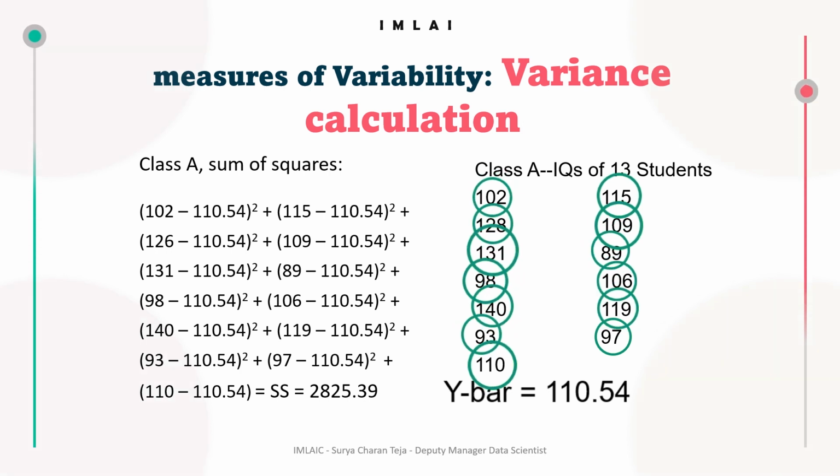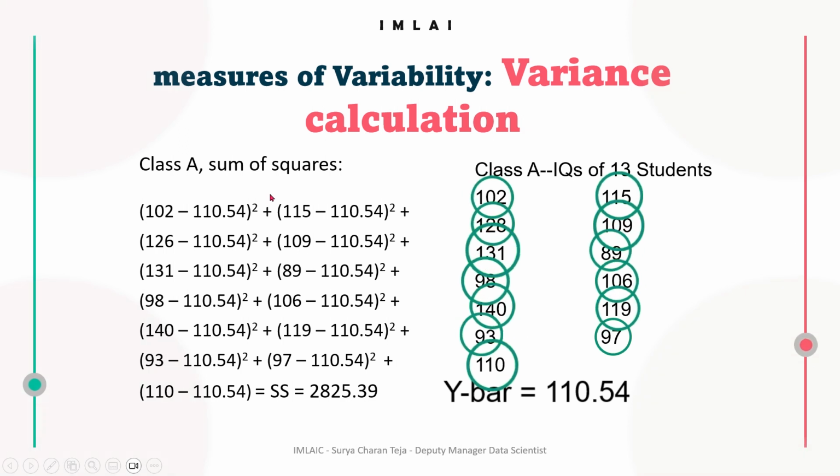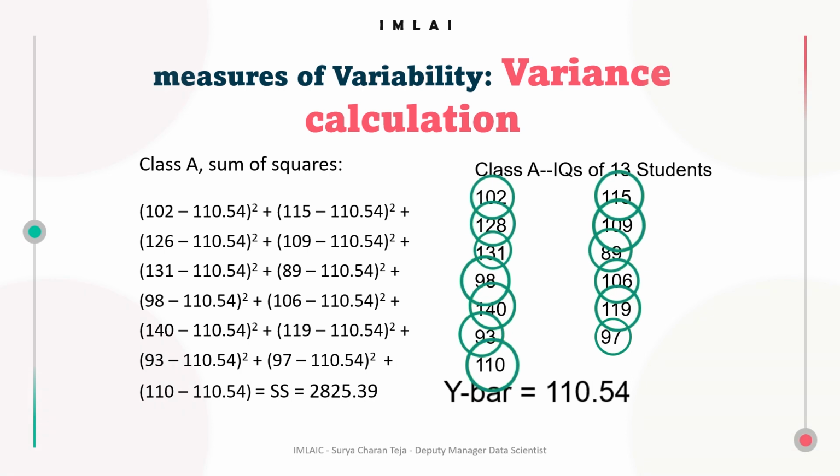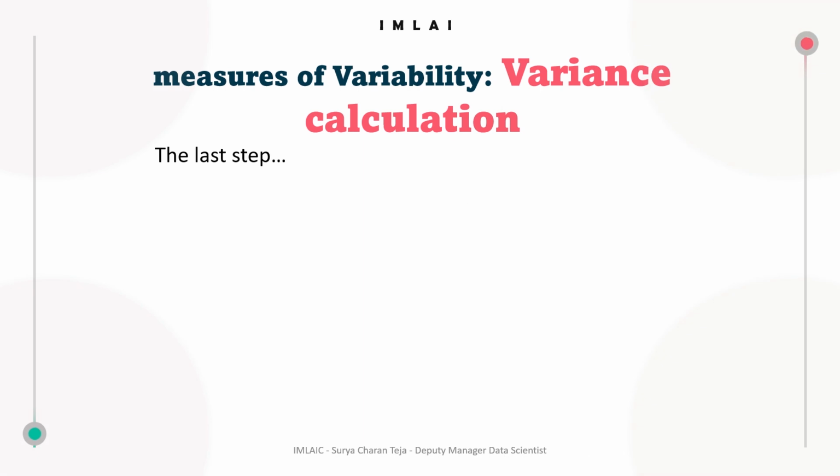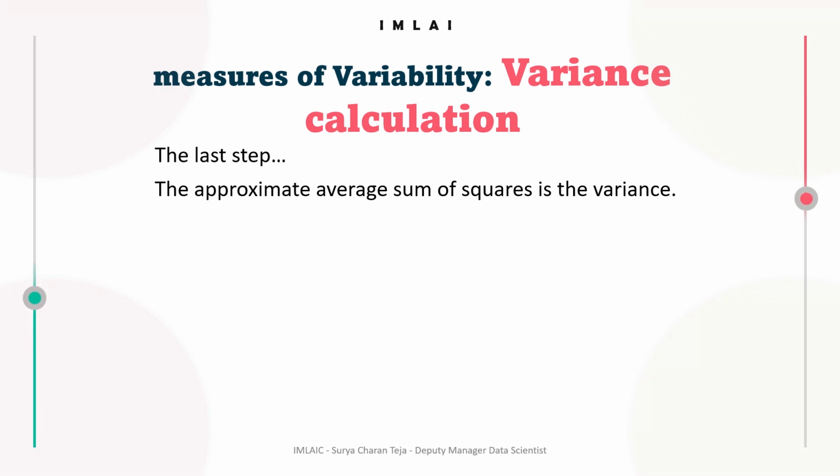That's what we call the sum of squares, and we got 2825.39. So now it's all done. The last step, the last nail in the coffin, is that the average of the sum of squares is your variance.